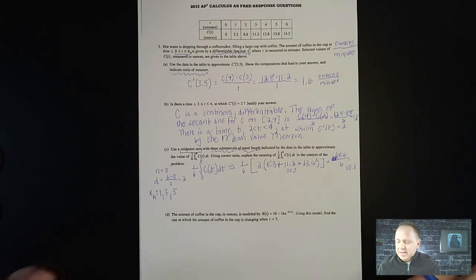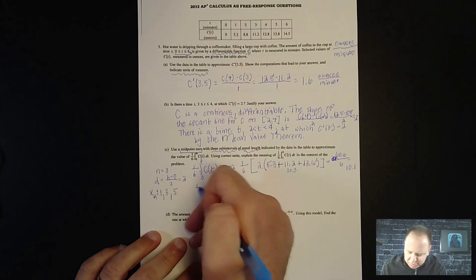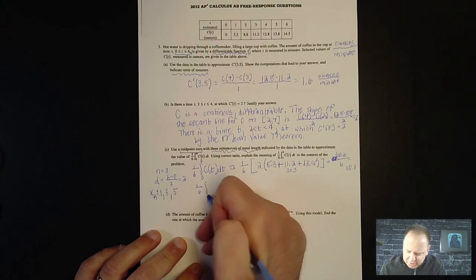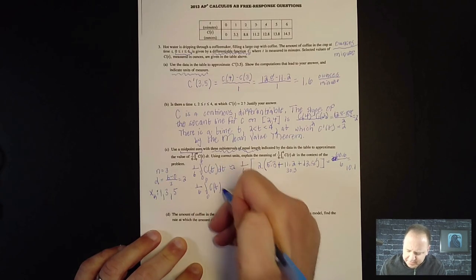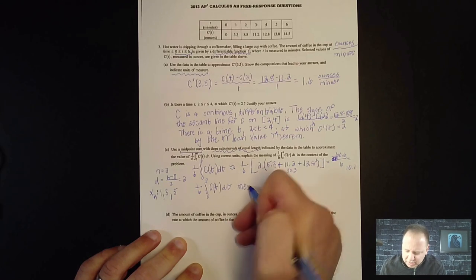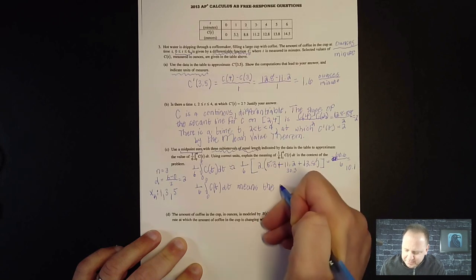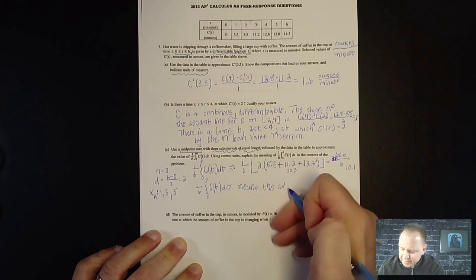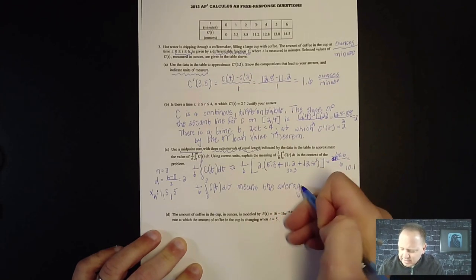So that would be a good chunk of points there for you to actually get that. Now we've got to explain that in the context of the situation. Again, try to use as much of their words as you can. So I would say 1 over 6 times the integral from 0 to 6 of c of t dt means the average amount. You probably want to go up in here to get their words for that. We wouldn't want to say average value; do it in the context of the problem.